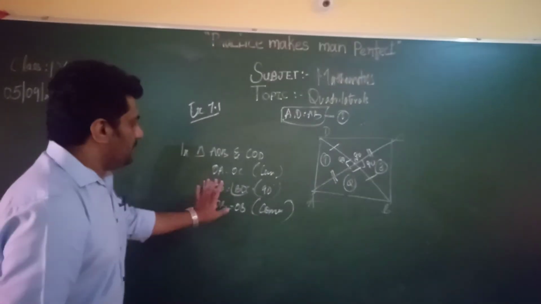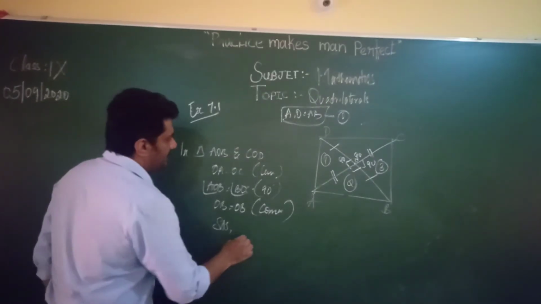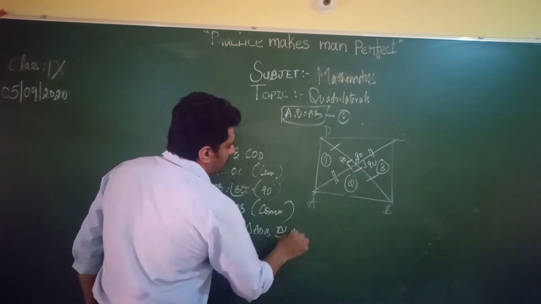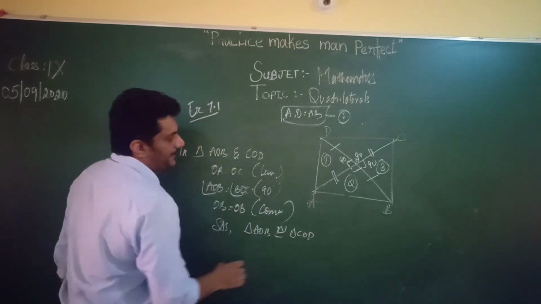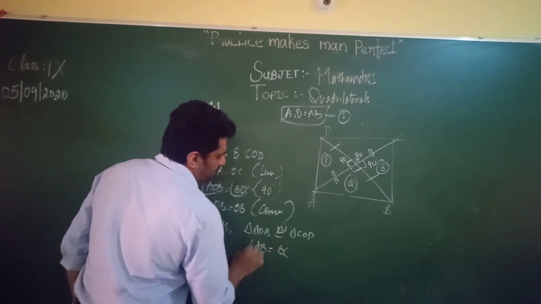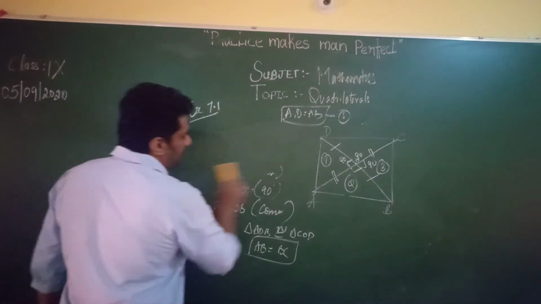Done. So again this is SAS criteria. Triangle AOB is congruent to triangle COD. Therefore I can tell AB is equal to BC. This is the second equation.